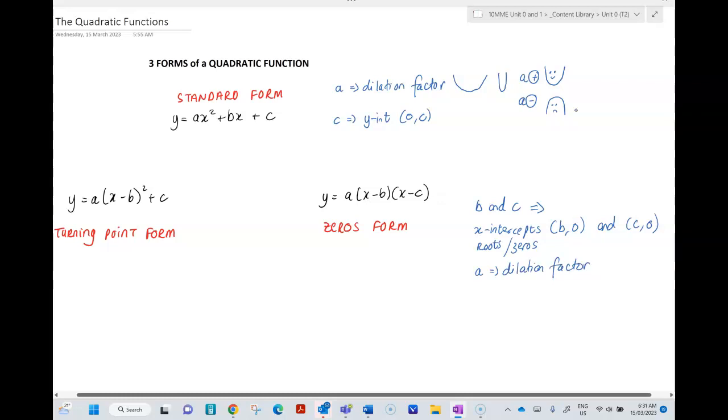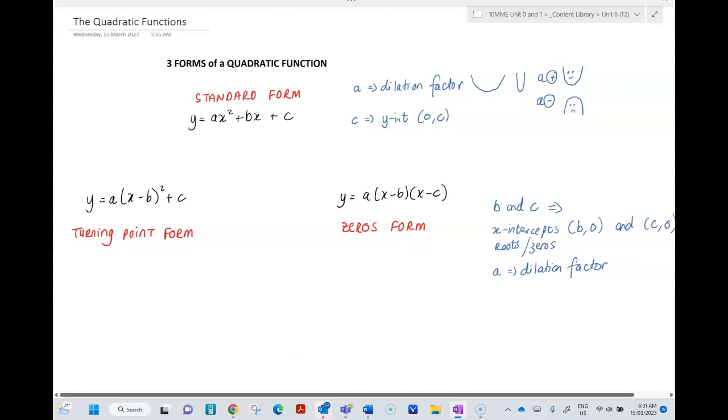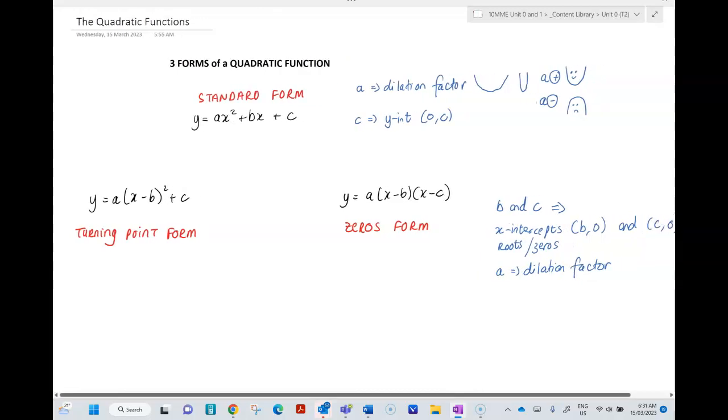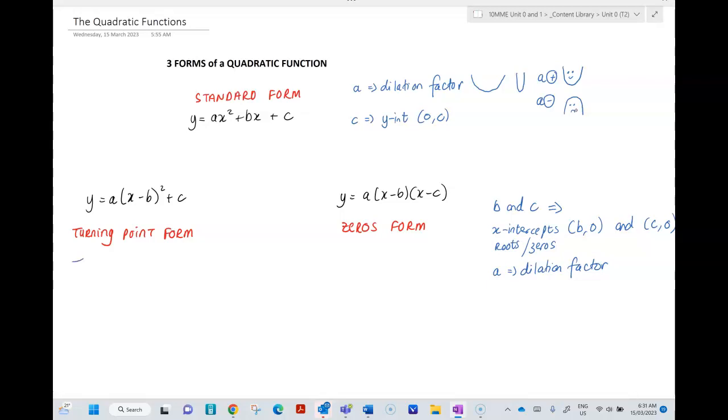So if your quadratic function is in zeros form, straight away you can just read the x-intercepts from that equation. If your equation is in standard form above, straight away you have your y-intercept. If your equation is in turning point form, then it gives you exactly what it says: the turning point.